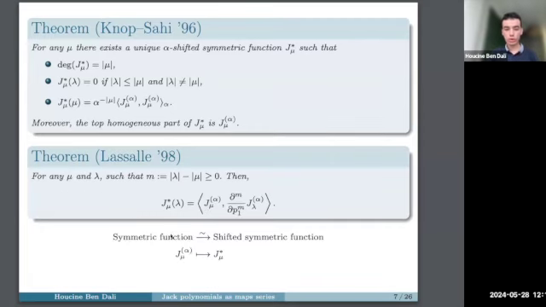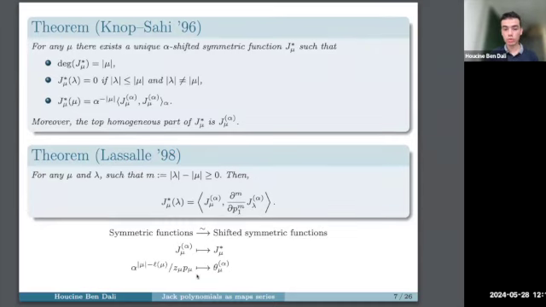These two theorems allow us to construct an isomorphism between the space of symmetric functions and the space of shifted symmetric functions. We can send a Jack polynomial J mu into a shifted Jack polynomial J mu star, and this defines an isomorphism. This isomorphism sends power sum symmetric functions into Jack characters.